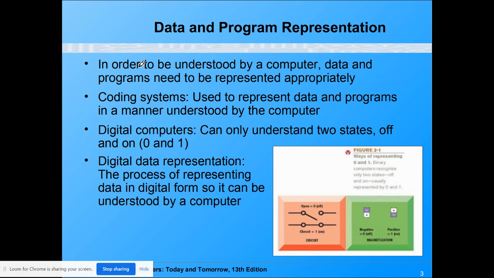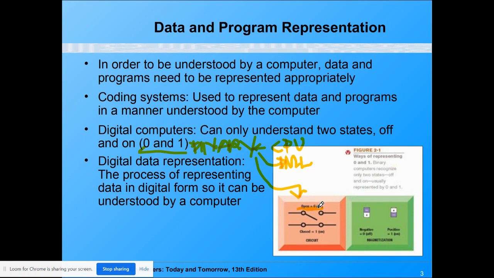Remember that our computer only understands 0 and 1, or what we call binary. Our CPU only understands this, what we call machine language.